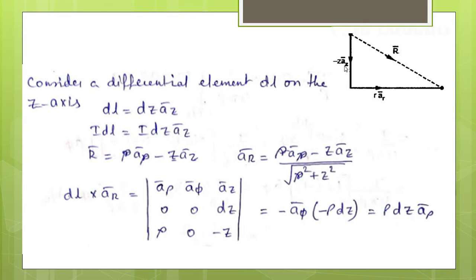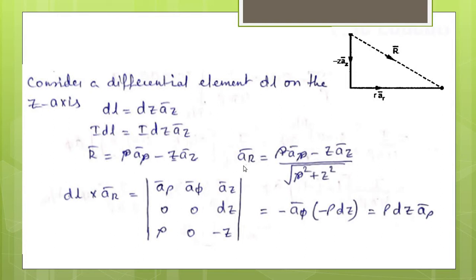Now R is the distance between dl and the point P, so you can write this as the difference of both of these two. Sorry, I have written rho here. So this is R and rho, both are the same. So R is equal to rho into a rho minus z into az.